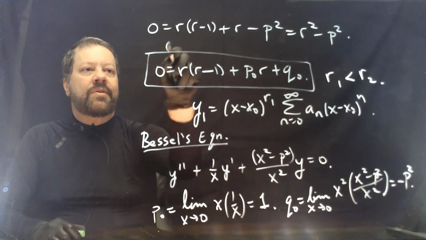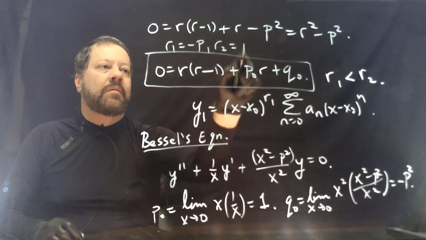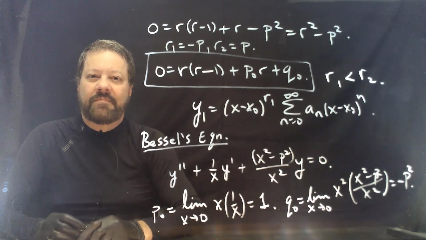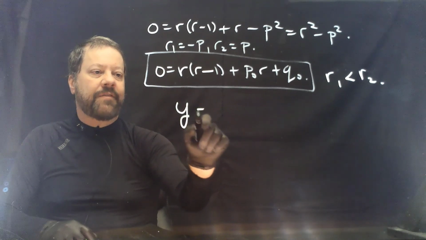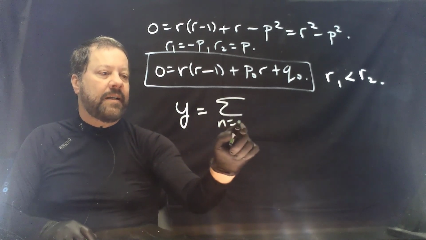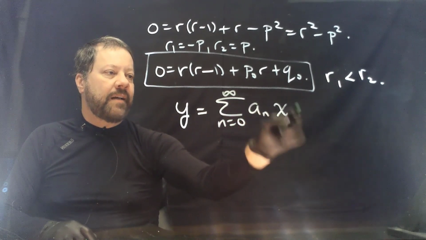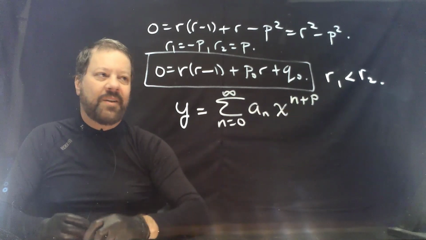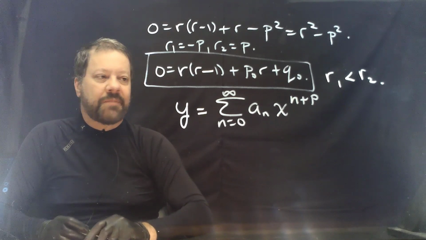That gives us two solutions, p and minus p. We'll have then a solution perhaps of the form, the sum as n goes from 0 to infinity, a_n x to the power of n plus p, using the plus p for our first attempt at a solution.